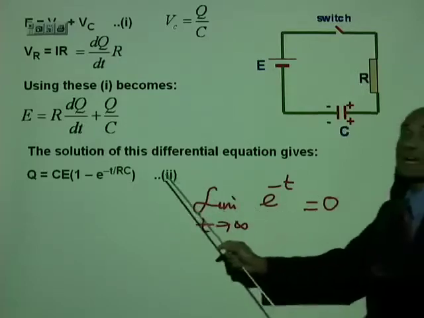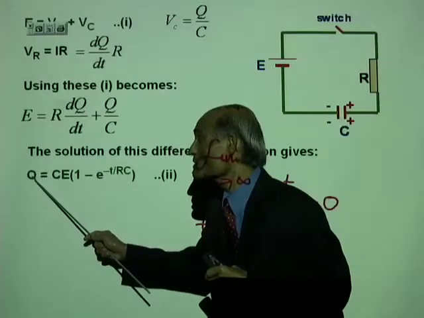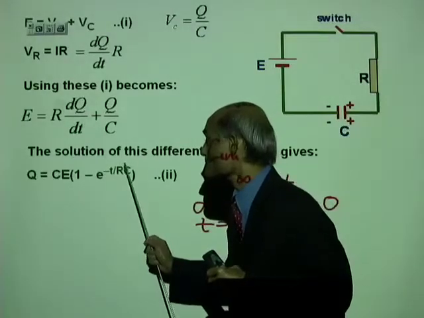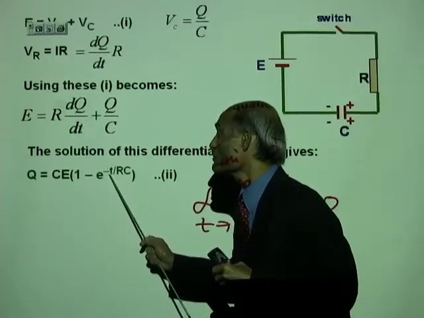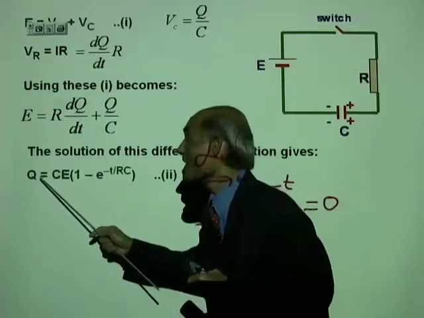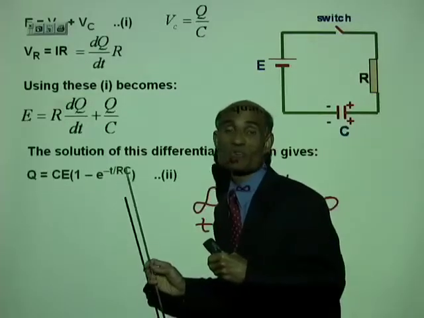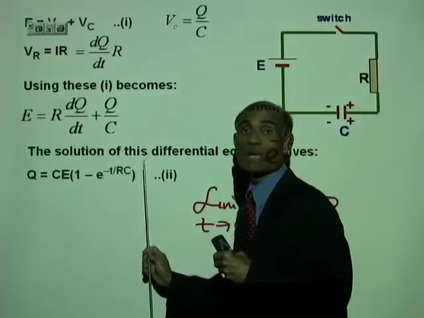If you look at this equation, it gives you exactly what happens to the quantity of charge. When t equals 0, what is the value of q? Let me see if your understanding of algebra will let you do this.